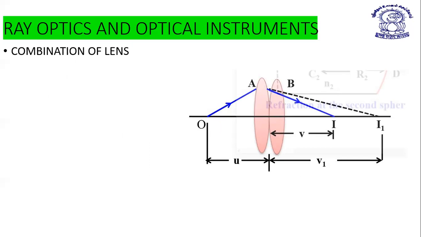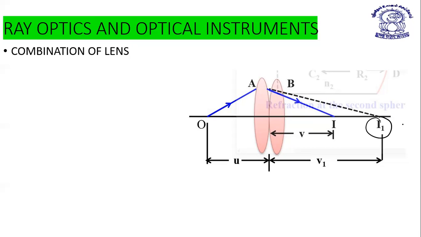Now, what will happen if two or more lenses are combined? Consider two thin lenses A and B of focal lengths f1 and f2 placed in contact with each other. O is the object placed beyond the focus of first lens. Now, the first lens produces an image I1. This image is real.